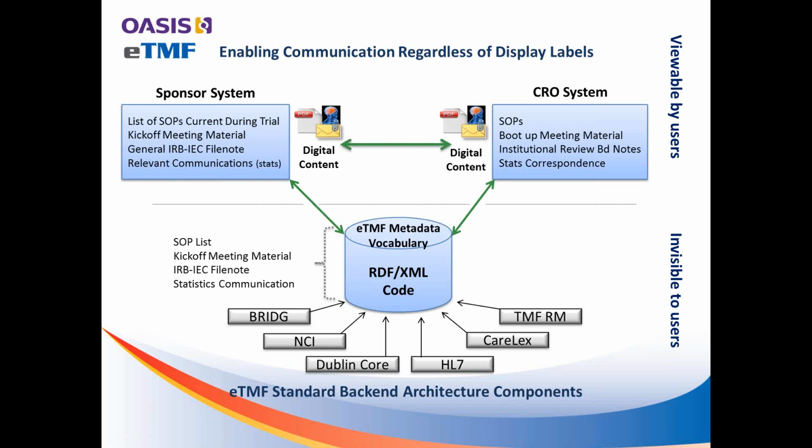Then that gets translated so that even if you have a CRO system that has completely different terminologies or even a different language, maybe it's Japanese and you're working with someone in the UK, the machines can still communicate and migrate the data.